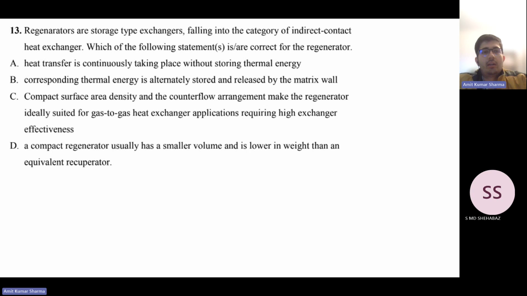C, compact surface area density and the counterflow arrangement make the regenerator ideally suited for gas-to-gas heat exchanger applications requiring high exchanger effectiveness. Option D is a compact regenerator usually has a smaller volume and is lower in weight than an equivalent recuperator. Go through all the options, take 2-3 minutes.